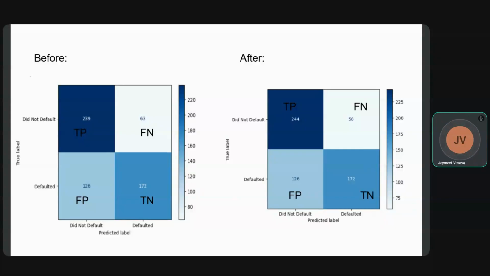You can see that before is the one that we just saw, which is on the left, and on the right is the after using the grid search CV. We are getting a little improvement from 239 to 244. So there's a bit of improvement using grid search.